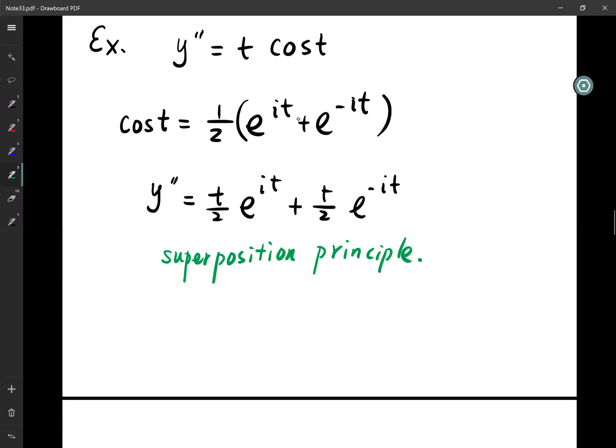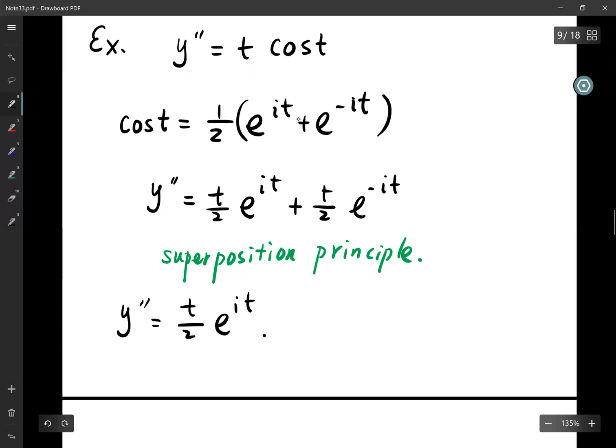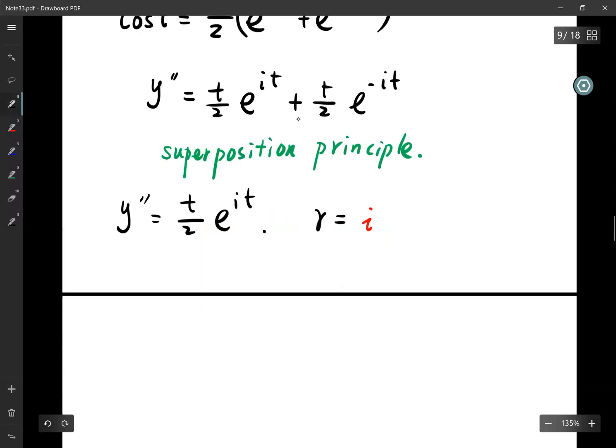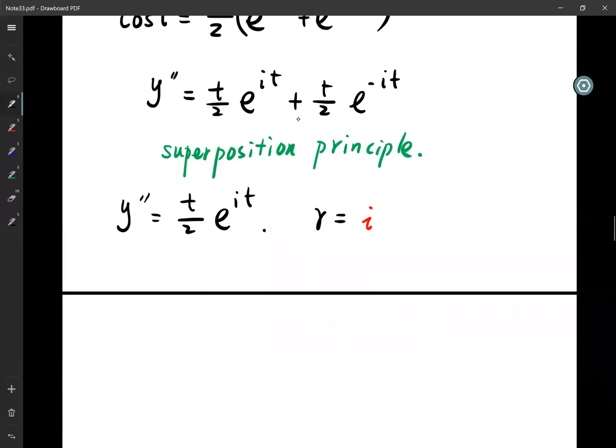But wait a minute. There is actually a slightly simpler way of going forward, because if we look at the first equation, the root here is the imaginary unit I. This is not a root.